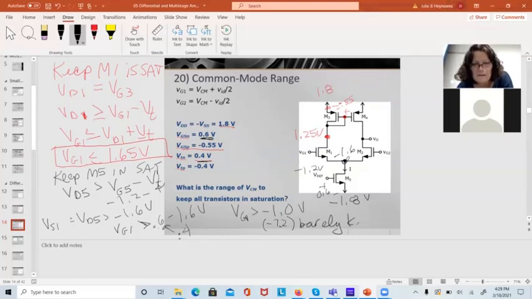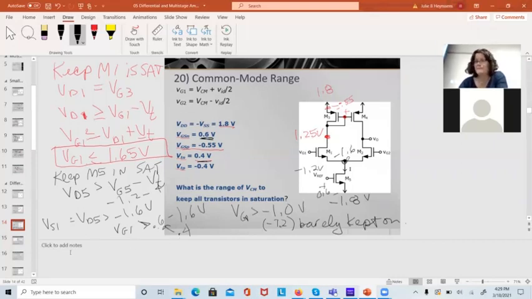So the range of my voltage on the gate is somewhere between 1.65 and negative 1.2-ish, depending upon if I want this really to be linear or to be starting to go into saturation.